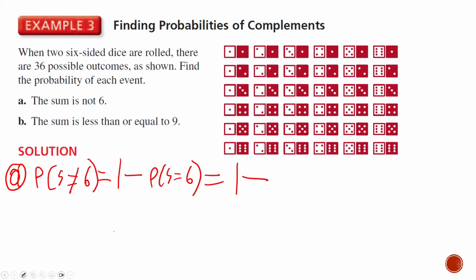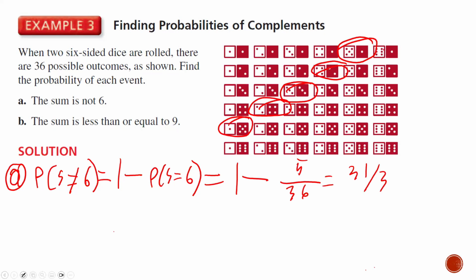Let's figure that out. How many total outcomes are there in this grid? Let's see how many of them add up to 6. So 1, 2, 3, 4, 5 outcomes add up to 6. And we'll have more complicated ones.